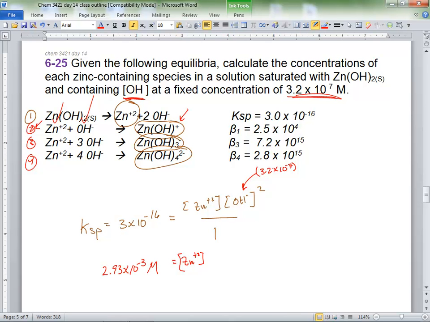Yes, good word. Write the formation expression. Beta 1. Exactly. Put the answer you got for zinc in. Products over reactants.